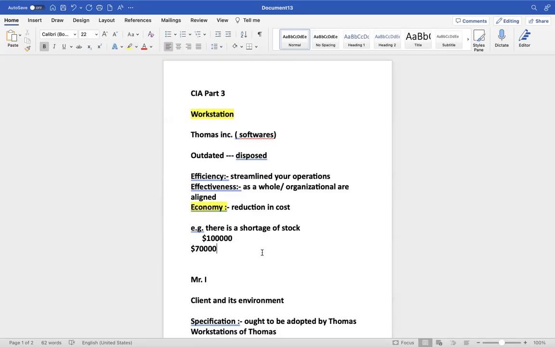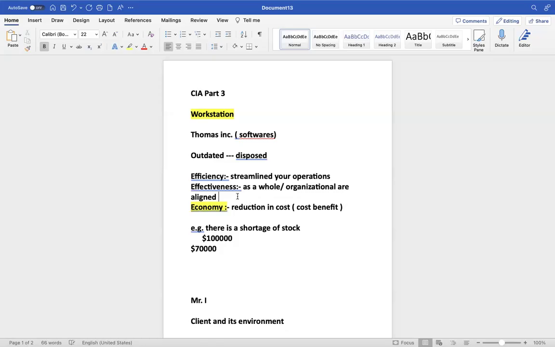Obviously, if we make the cost benefit analysis, you are saving, because by just incurring $70,000, the 1 lakh shortage of stock is reduced to the optimum level, let's say it is almost nullified. So obviously you save $30,000, right? So economy means cost benefit or reduction of cost. Okay, so now the things are clear as far as the economy term is concerned.